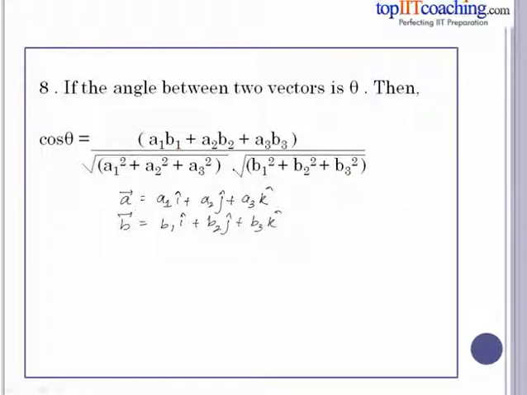Now we know that A dot B would be equal to magnitude of vector A into magnitude of vector B into cos of theta.